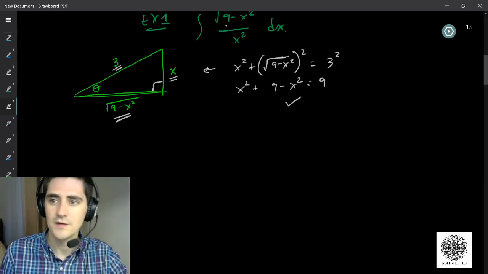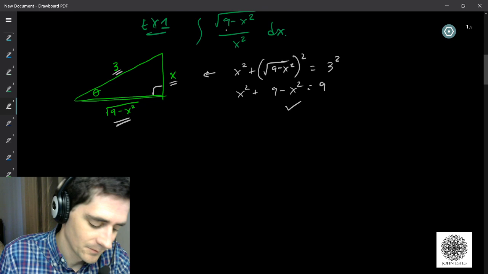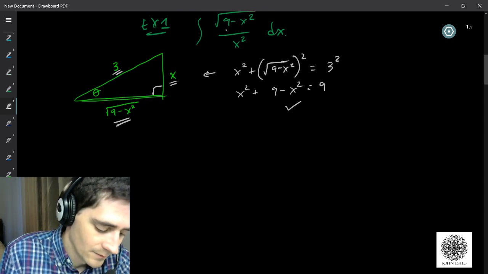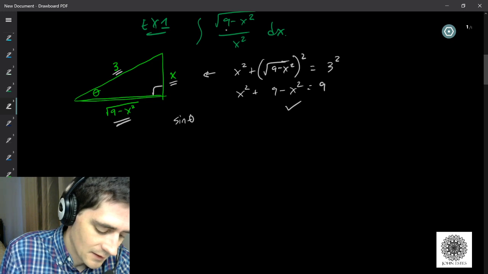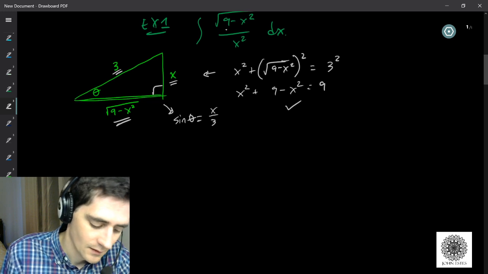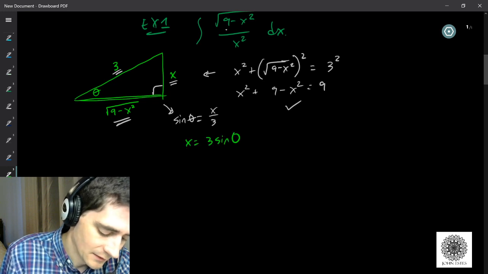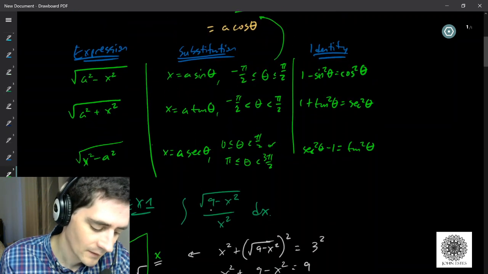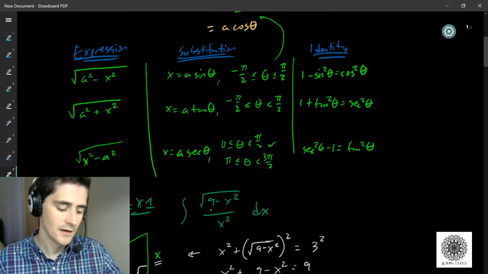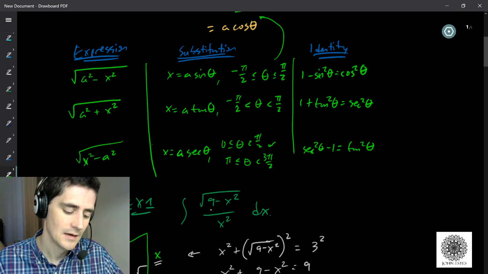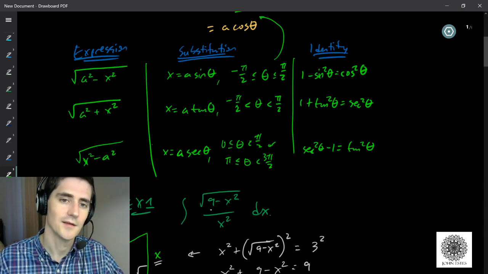Now, the reason I say this is helpful is because, according to this triangle, sine theta is opposite over hypotenuse. And that's exactly how I get my substitution, x equals 3 sine theta. According to our table, if you have a square root of a squared minus x squared expression, I need to let x be a sine theta.